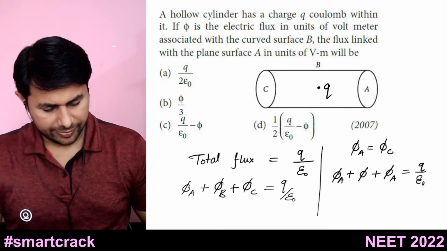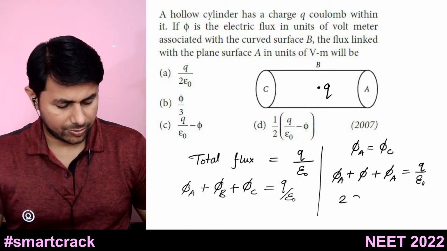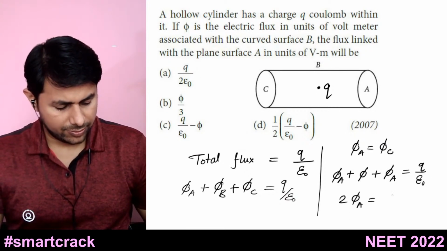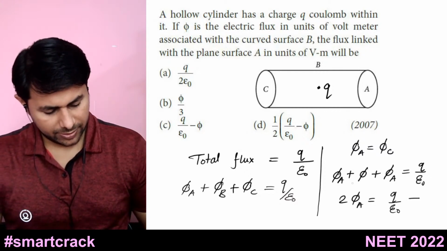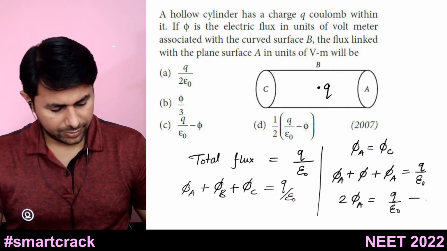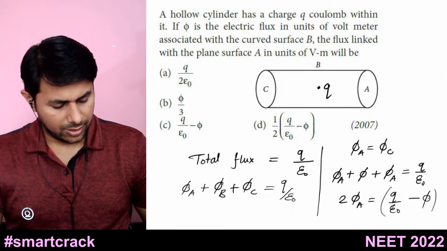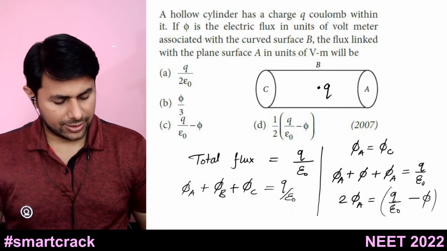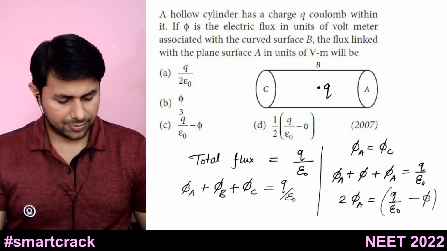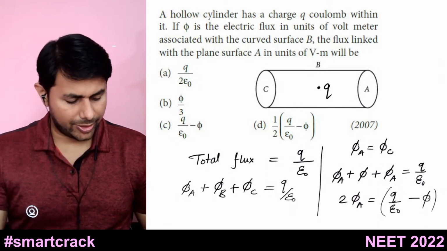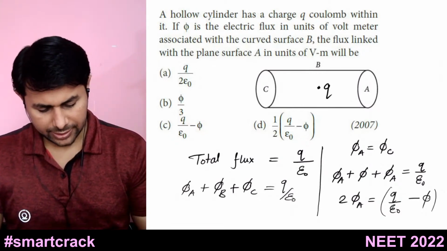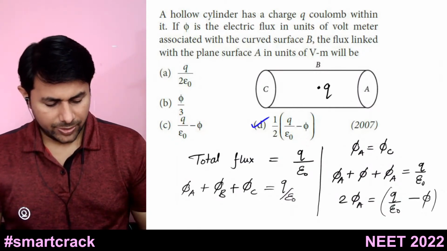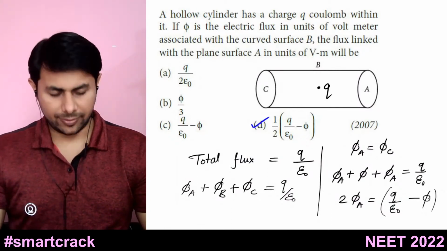So you get phi A plus phi A, 2 times phi A, equals q upon epsilon naught minus phi, and then you can take 2 on the other side, so it goes in the denominator. So it is q upon epsilon naught minus phi, divided by 2, is the answer. So option D is the answer.